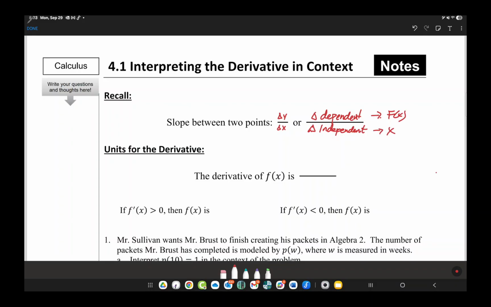Units for derivatives would be whatever units for f of x, and then units for x.